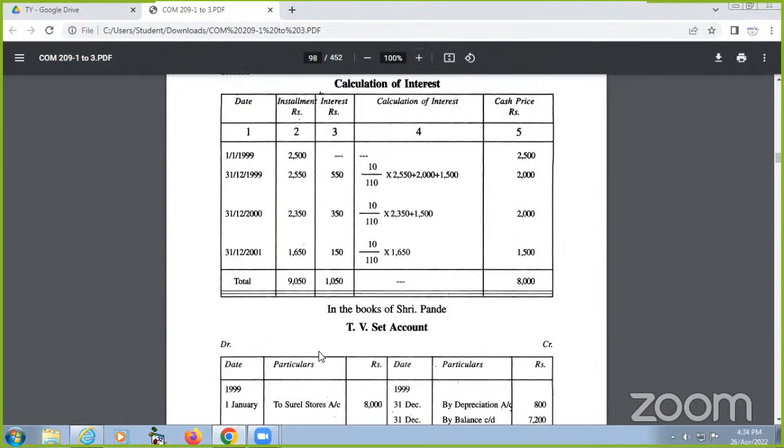According to this table, we can make the accounts also.